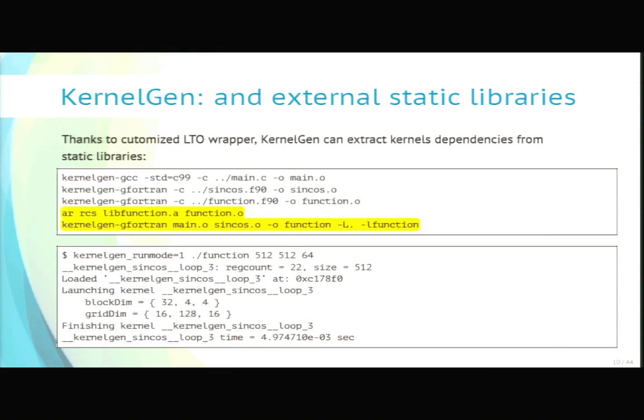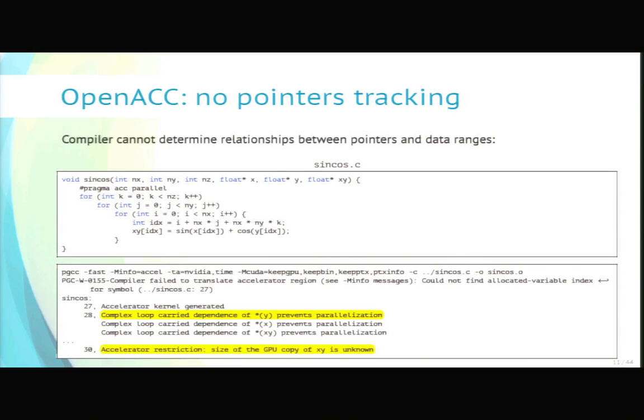I believe external calls are a very serious limitation because many complex applications are structured into blocks like classes or modules, which are supposed to call and use each other. And it seems like OpenACC is not yet ready for this configuration, but it's not so hard to implement.